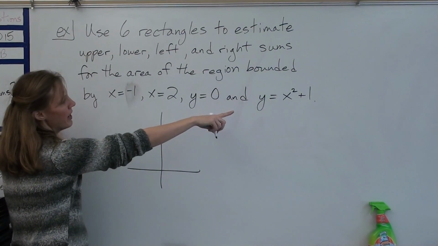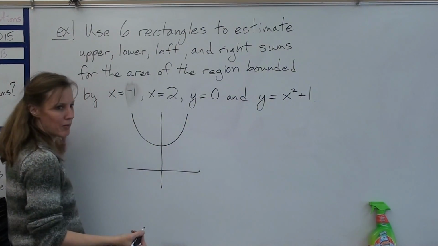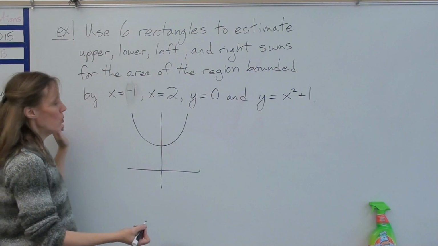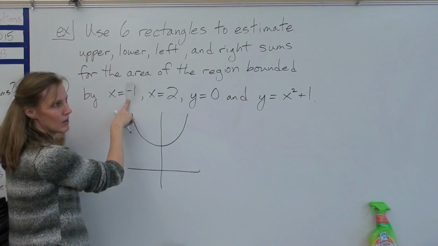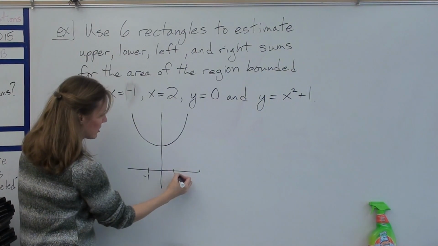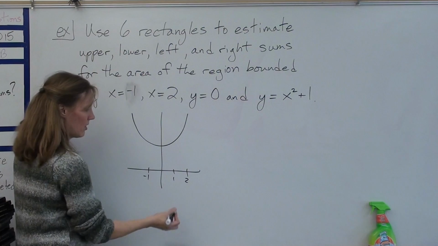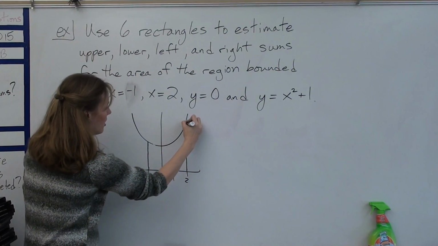So y equals x squared plus 1, that's the curve that's driving this problem. We are going from -1 to 2, that's our left endpoint, and this is our right endpoint, our starting and our stopping. So we're going from here to here.